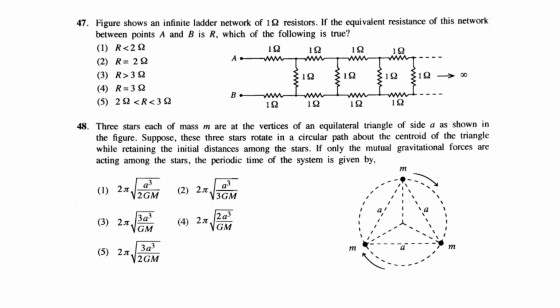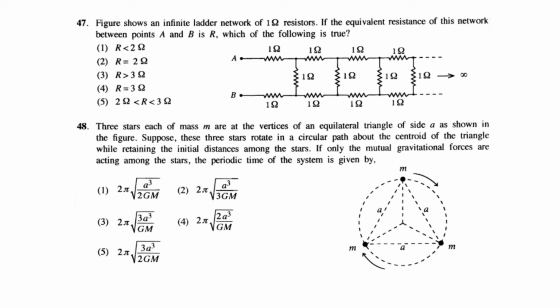By substituting the value for cos 30, we get omega square equals 3 times G m divided by A cube.